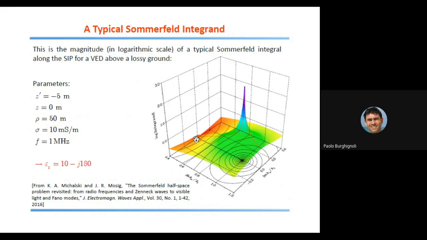This beautiful picture is taken from a beautiful paper, the one reported here by the two probably most important experts in the field, Krzysztof Michalski and Juan Mosig. It's a paper in the Journal of Electromagnetic Waves and Applications about the Sommerfeld half-space problem.